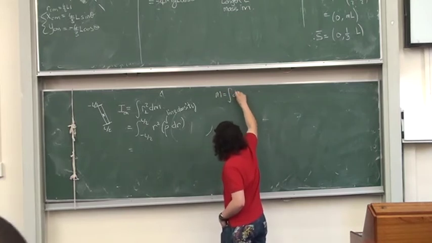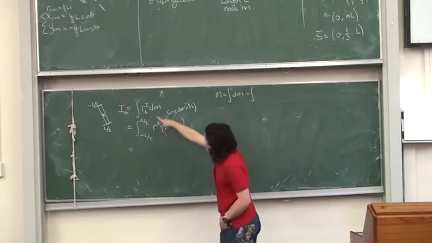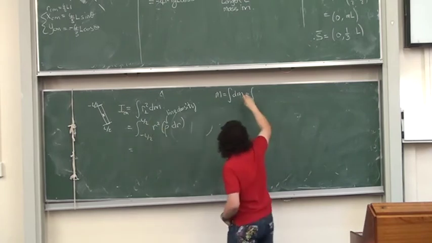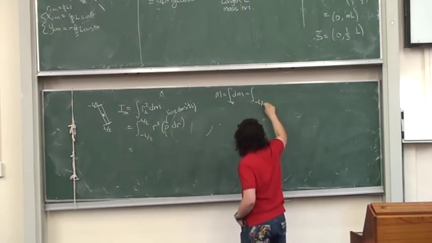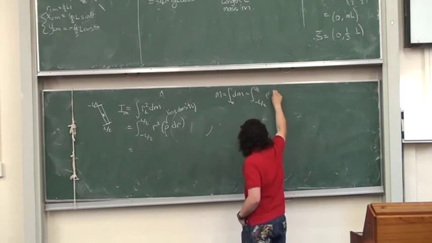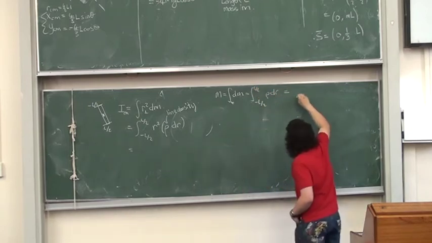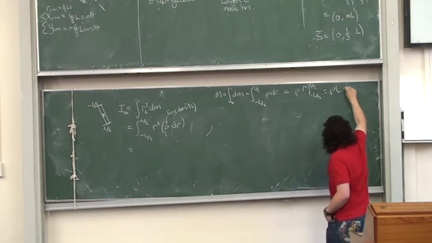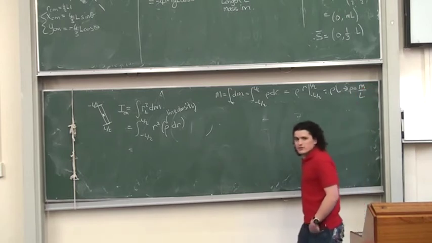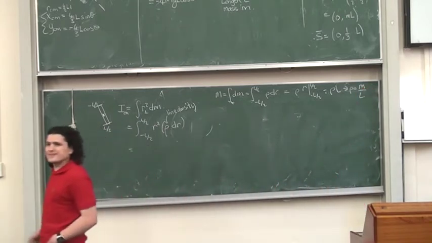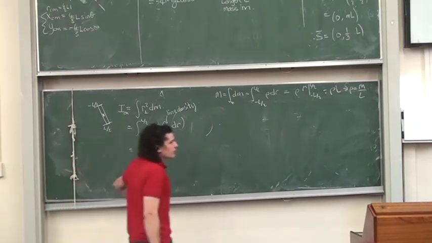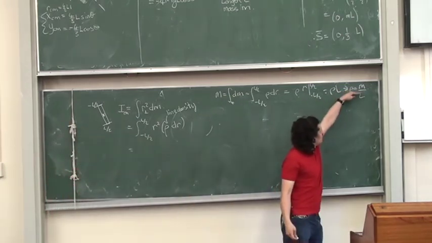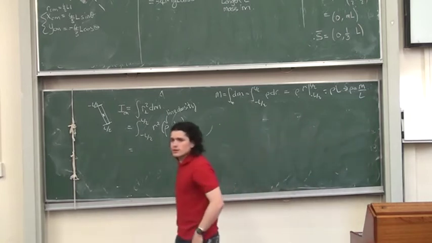That's the integral of dm, which is going to be the integral over the same parameters, as always, from minus L over 2 to L over 2 of rho dr, which is going to be equal to rho r between minus L over 2 and L over 2, which is equal to rho L, which implies that rho is equal to m over L, something we could have figured out intuitively as well, because when we say mass per unit length over a uniform rod, that's mass per length of the rod, which is a constant.